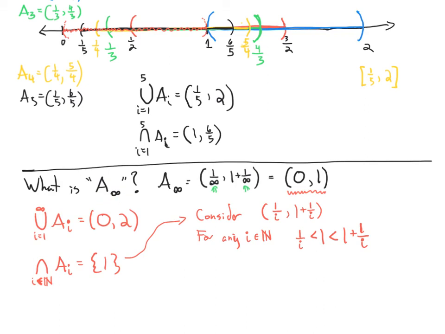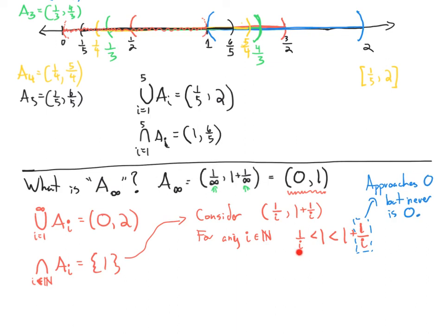Remember, we're thinking of A infinity just as a little heuristic. But all of these sets are A some natural number. So AI. Remember, I is a natural number. So this here, it approaches 0, but never is 0.